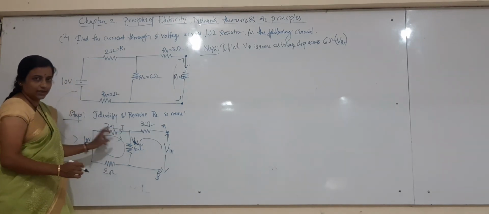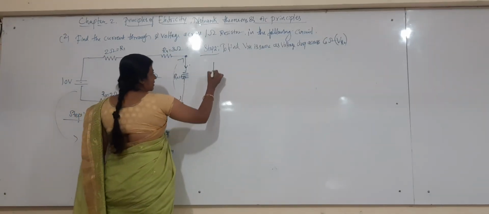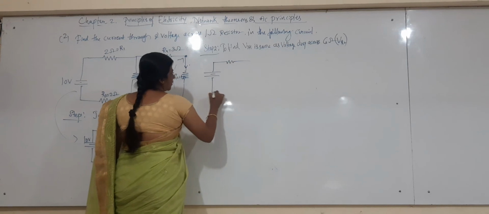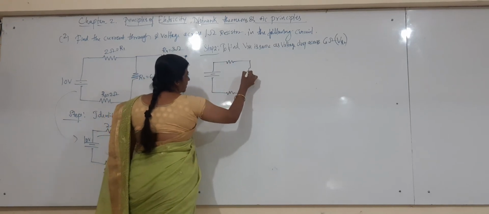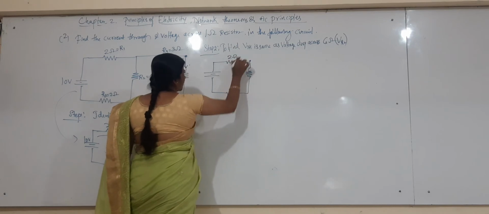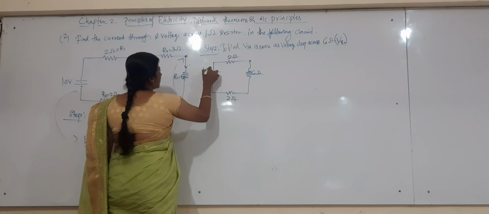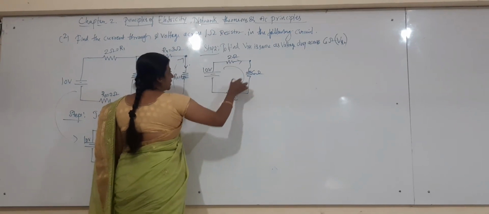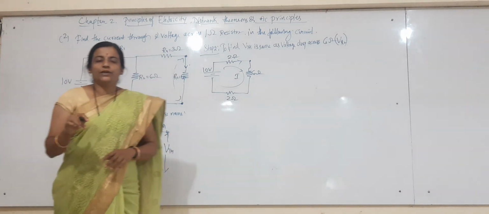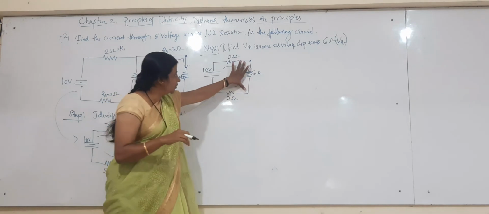We have to find the current in this circuit. This circuit consists of this combination of resistors, 2 ohm and 6 ohm, with a 10 volt source. Why find the current? Because the product of current and resistance gives the voltage drop.